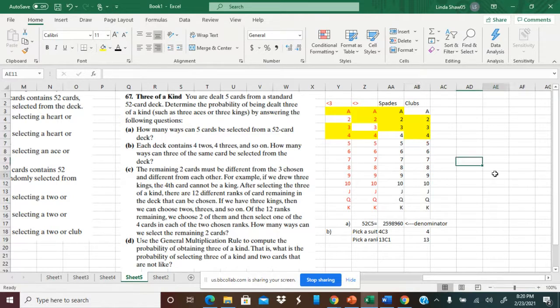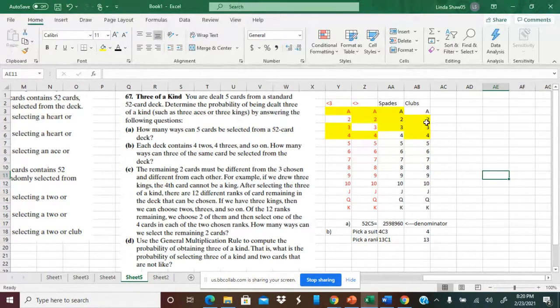Pause right there, Linda. Now we're doing 3 4s. In her case, we did hearts and diamonds, and then we did clubs, okay? That's one way we could have 3 4s. Another way we could have 3 4s is clubs, spades, and diamonds.